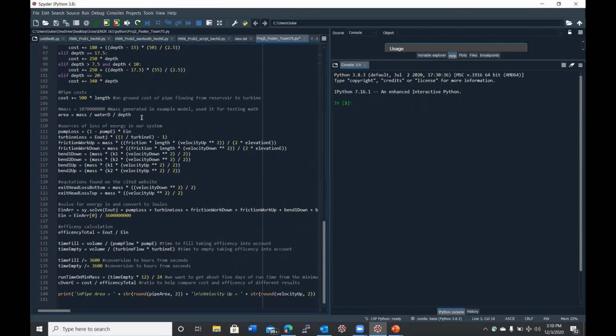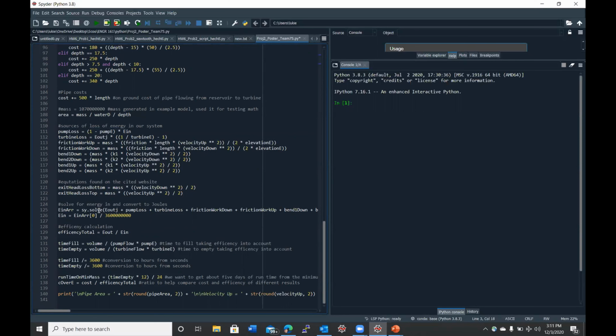Here's the area calculation. And then these are all our calculations for the losses of energy. So we have our bend losses, our frictional work losses, the turbine and pump loss, and then these were the equations we found on that reference, which were exit head loss at the bottom and exit head loss at the top.